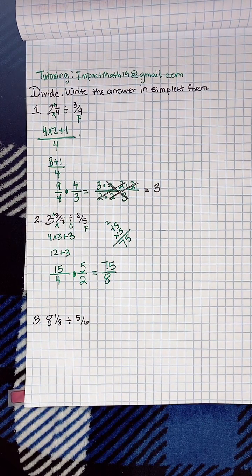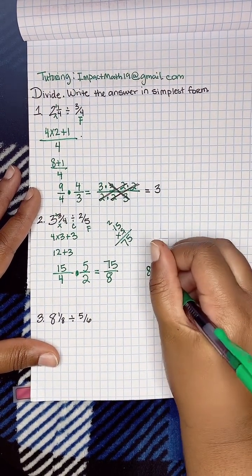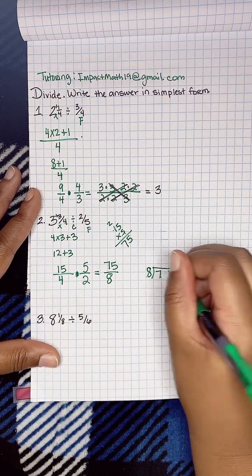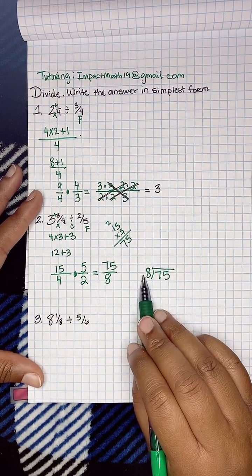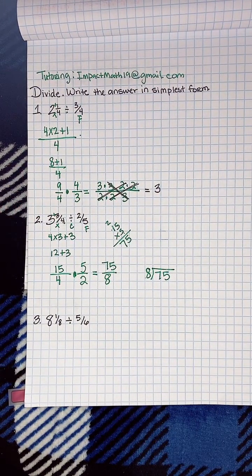Miss D said 9 and 3/8 is the mixed number. Let's see. So we're going to do 8, out, bottom out, top in. How many 8s can we put into 75? 9.